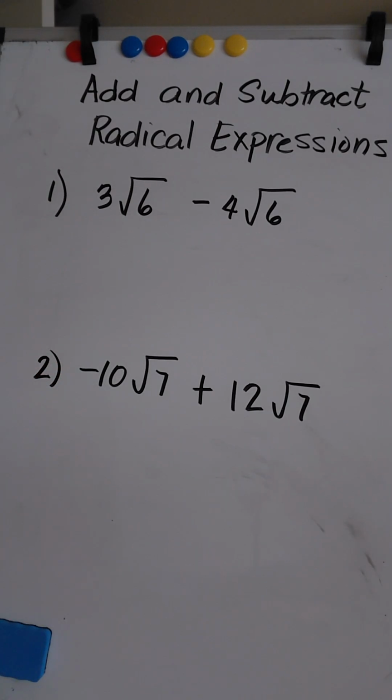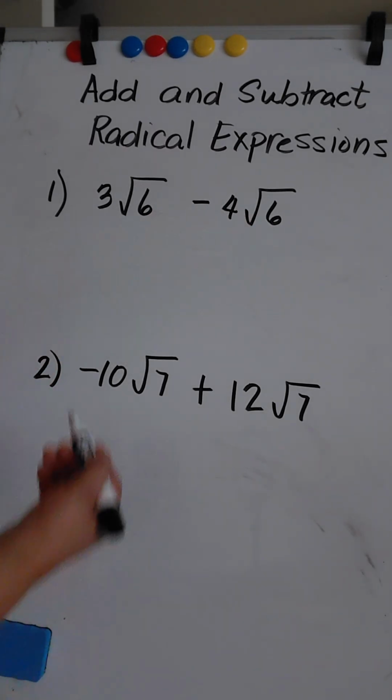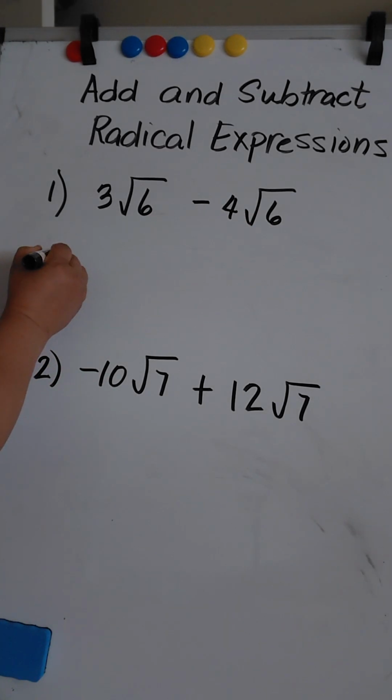So 3 square root of 6 minus 4 square root of 6. 6, yes, it's factorable, but 2 times 3 is not a perfect square. 2 is not a perfect square and 3 is not a perfect square, so it will remain as our radicand. So this is our common radicand. And let's subtract.